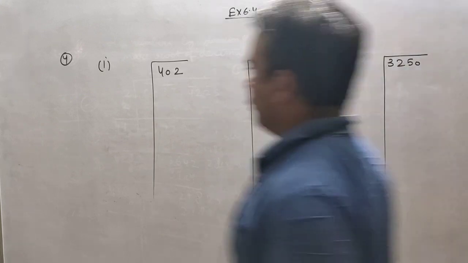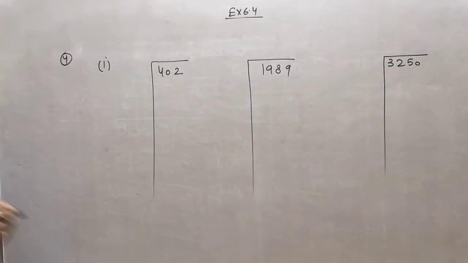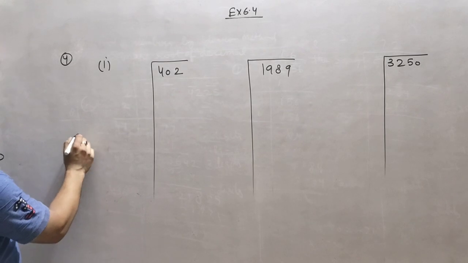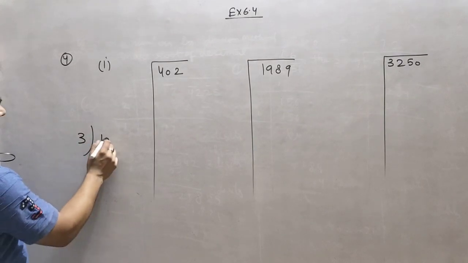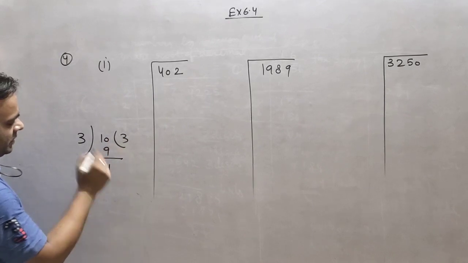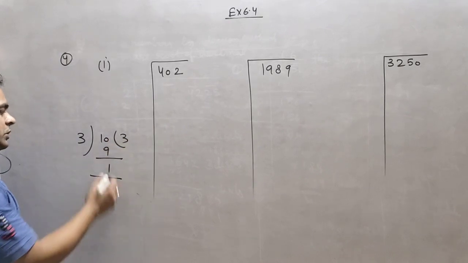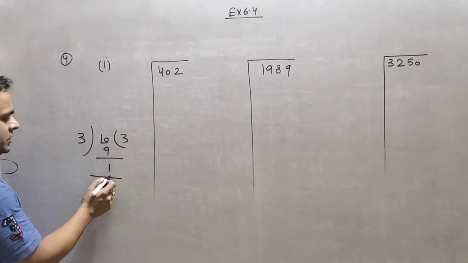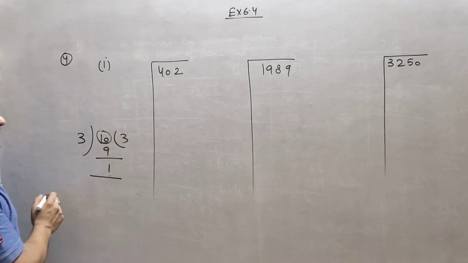Before this, I want to take you to a small example. Suppose I am dividing 10 by 3. So 3 3s are 9. What am I getting here? 1. So what should be subtracted from 10 so that it can be divisible by 3?